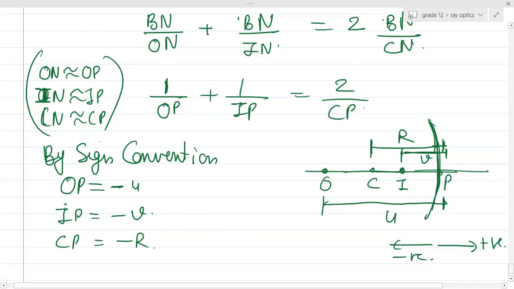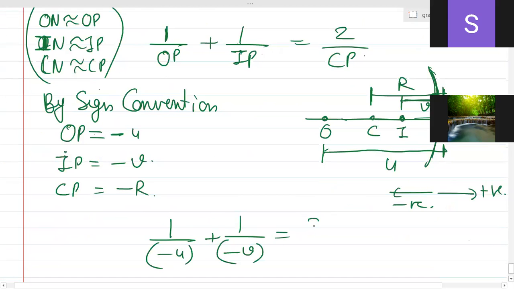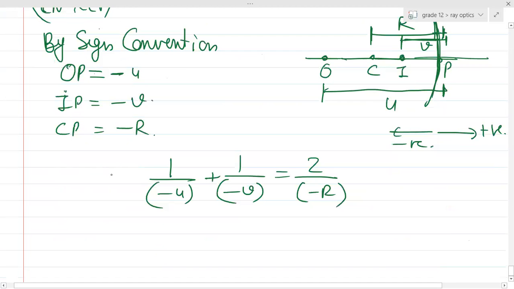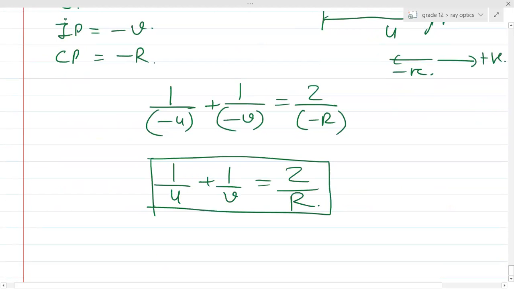From here I'll get 1 by minus u plus 1 by minus v is equals to 2 by minus R. When you solve it a little bit, it will become 1 by u plus 1 by v is equals to 2 by R. This is basically your mirror formula, or people generally try to give it with a relation as well.